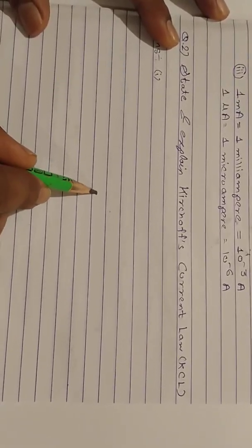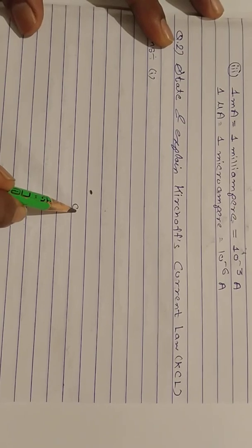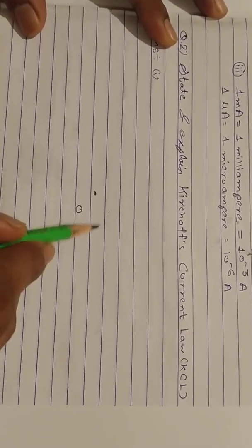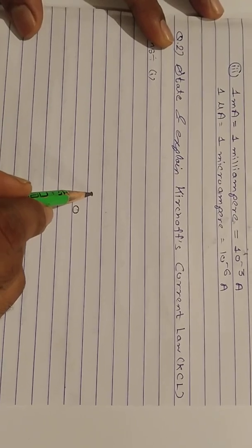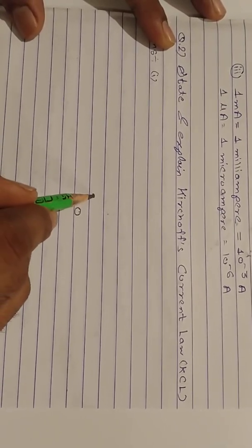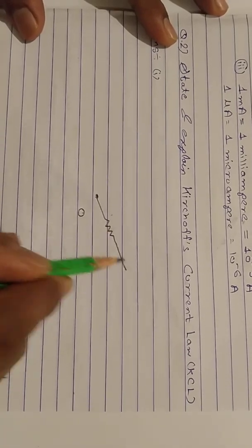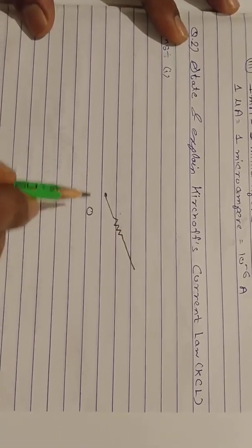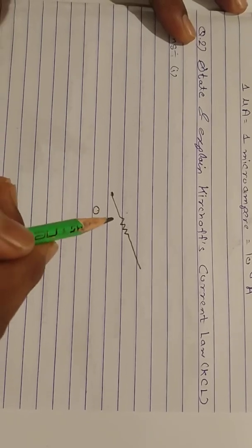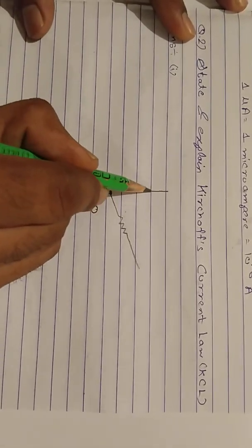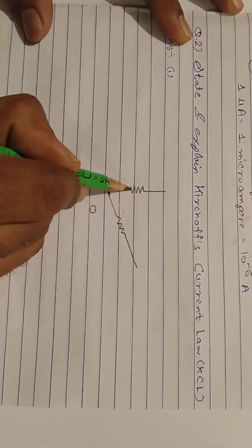Consider a point. Let us give the name O. Suppose this point is connected to one wire having a resistor. Since this is an electronic circuit, it is connected to another wire.